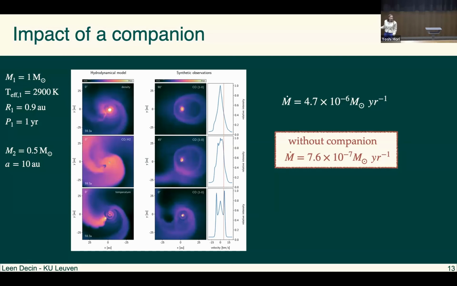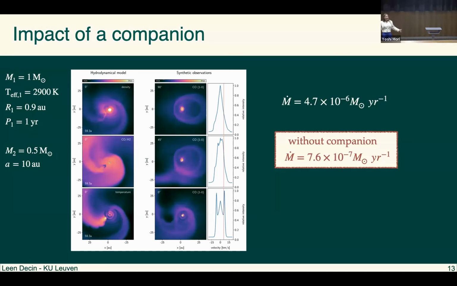It's close in, but also not too close in. So Charles Leen was mentioning a factor of a few. This is a star which is roughly 0.5 solar masses. If I would do that for a star which is 1 solar mass, we expect to see a difference of at least 1 order of magnitude between having a simulation with and without a partner.